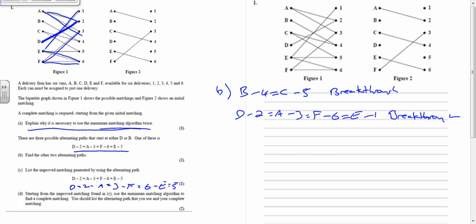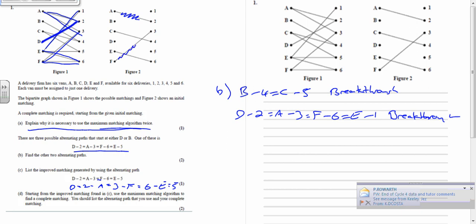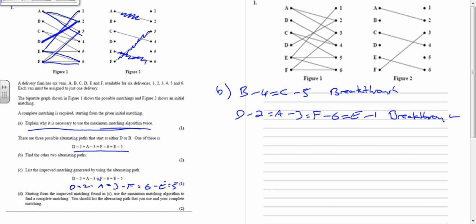So what they've done is they've got rid of A2, they've got rid of 3 equaling F, and they've got rid of E equaling 6. But notice they haven't got rid of C equaling 4, so C equals 4 is still there. But what they've done is they've put in D equaling 2, they've put in A equaling 3, they've put in F equaling 6, they've put in E equaling 5, and we've still had that C equaling 4.